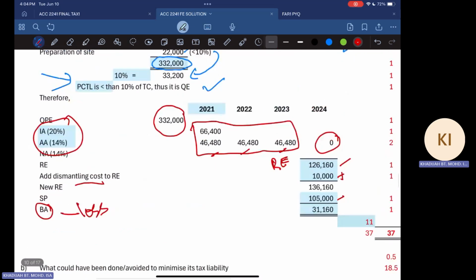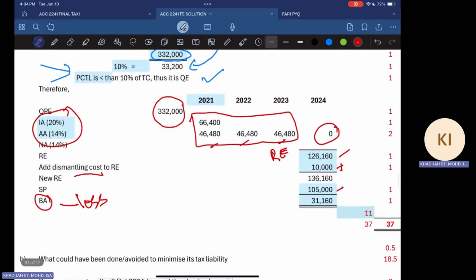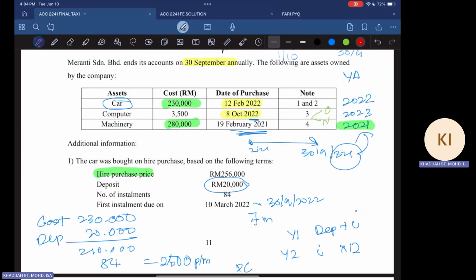All right, so that is the first part where you are required to compute the capital allowance on all of the assets. This question does not have many assets, right? We only have your car, where you have a hire purchase and restriction of 50,000, and also use only 1/4 claimable. On the computer, there's a disposal of the computer where you have to claw back, and the new computer acquired in 2024.